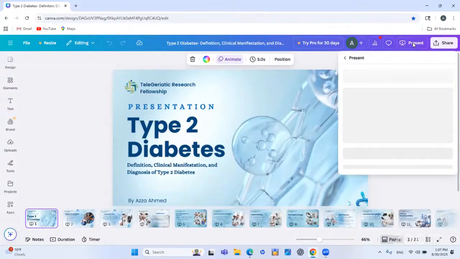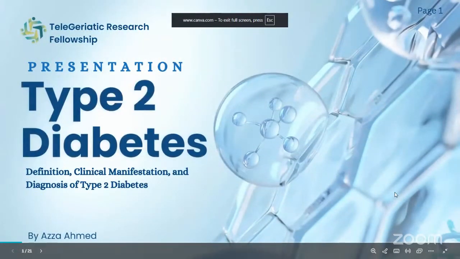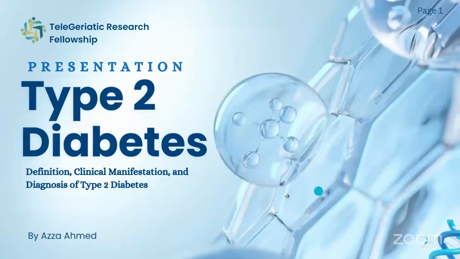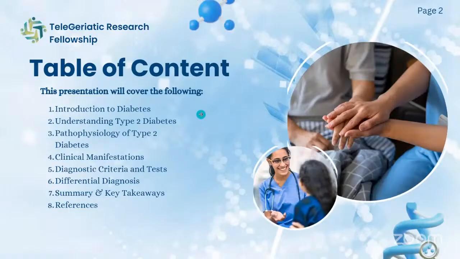Bismillah ar-Rahman ar-Rahim. Type 2 diabetes. I will talk about the definition, clinical manifestation, and diagnosis of type 2 diabetes. The table of contents: this presentation will cover the introduction to diabetes, understanding type 2 diabetes, the pathophysiology and clinical manifestation, diagnostic criteria and tests, differential diagnosis, then the summary and key takeaways, and the references.